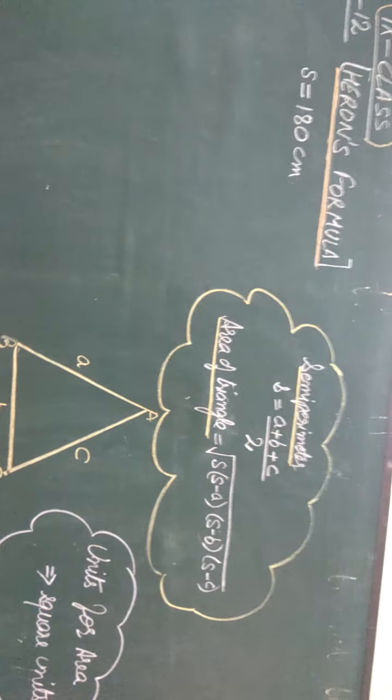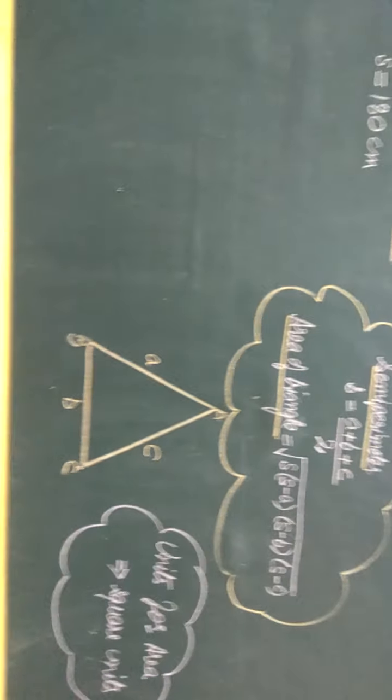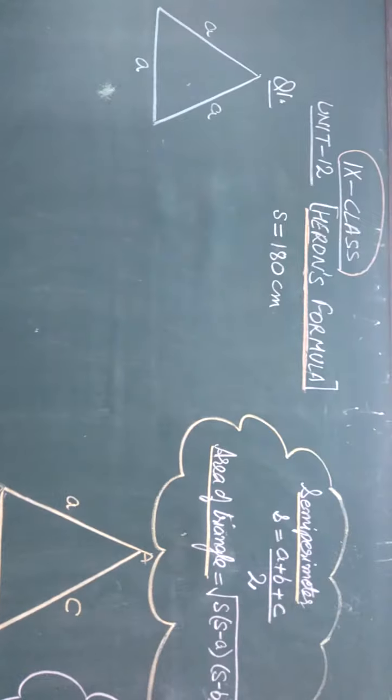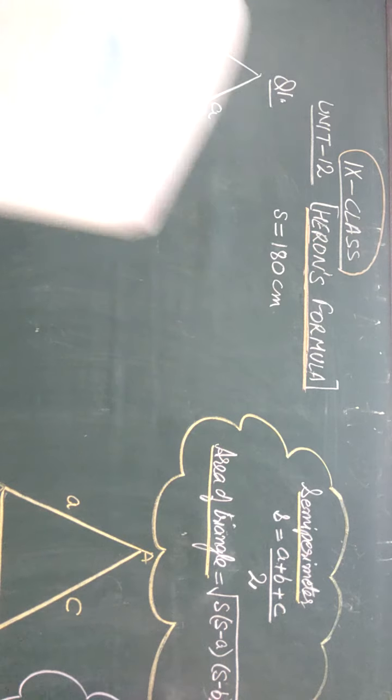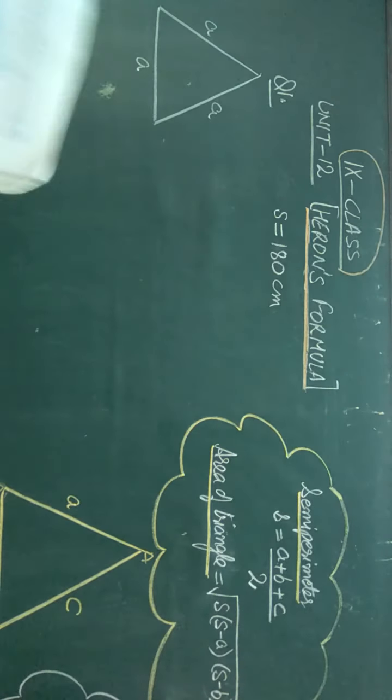In question number 1 of exercise 12.1, they are asking that a traffic signal board indicates school ahead.